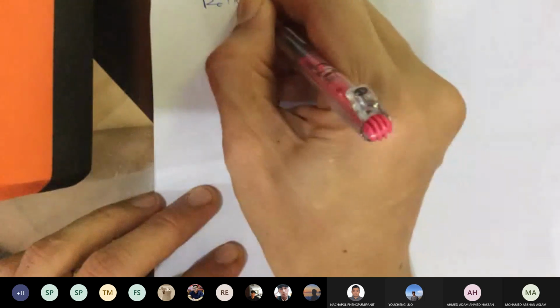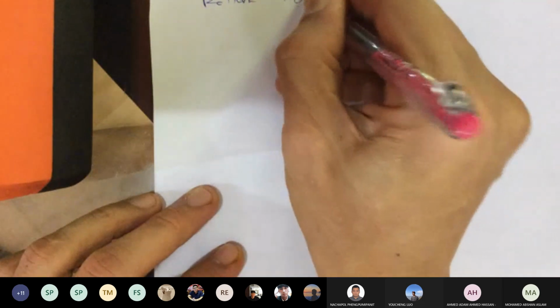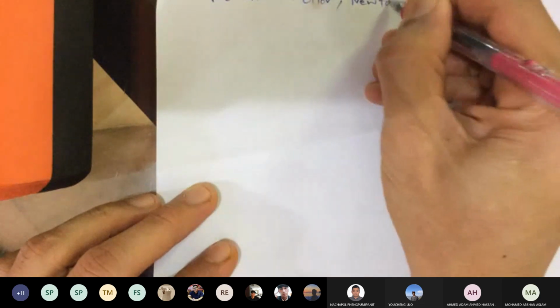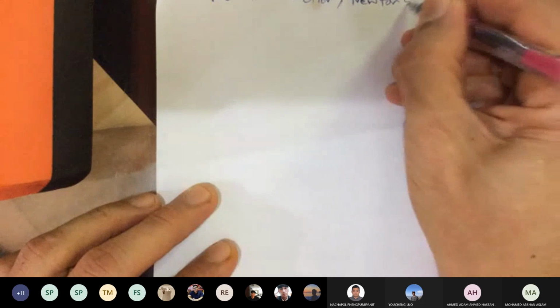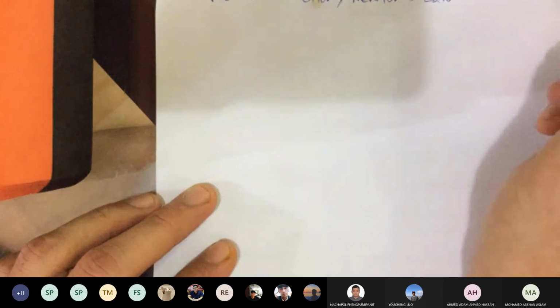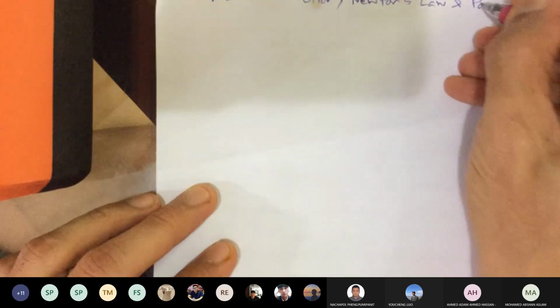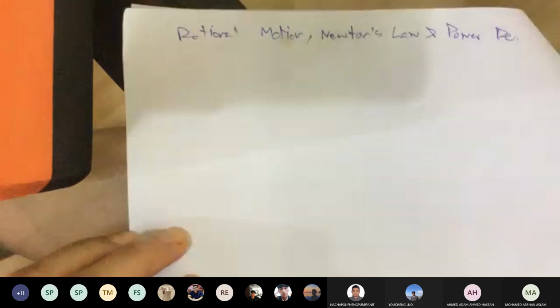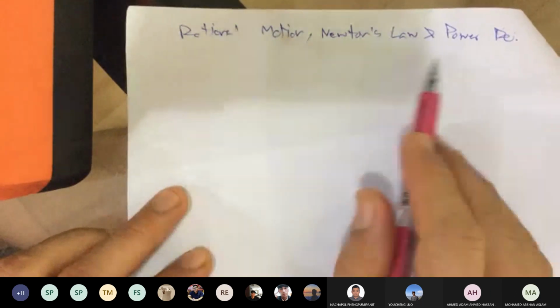So we have this rotational motion. Newton's law. Isaac Newton's law. And power relationship. Okay, again, I'm just rewriting this. You have this in your notes.